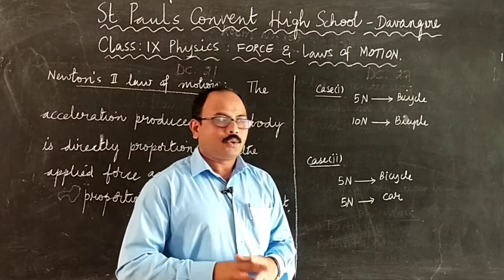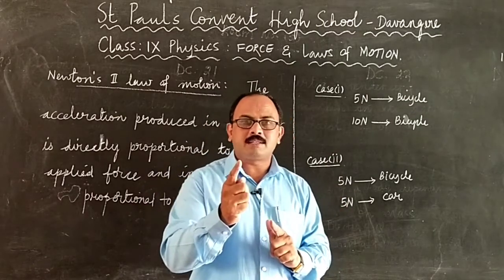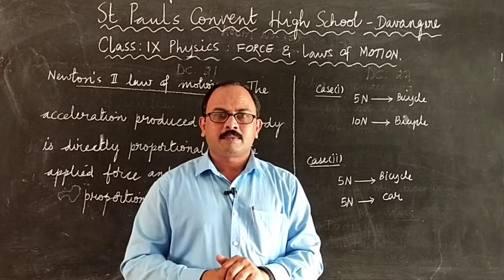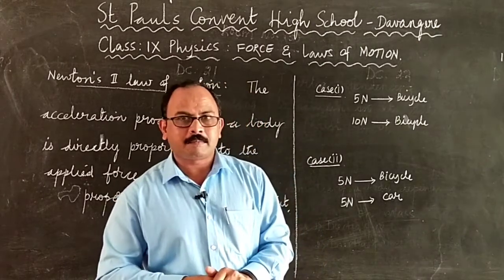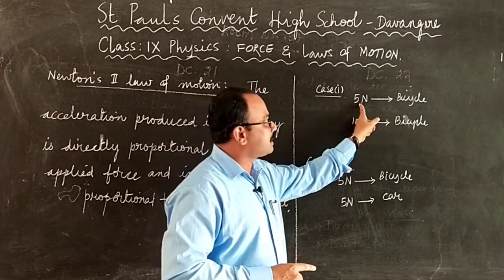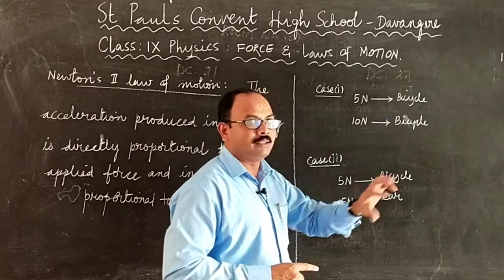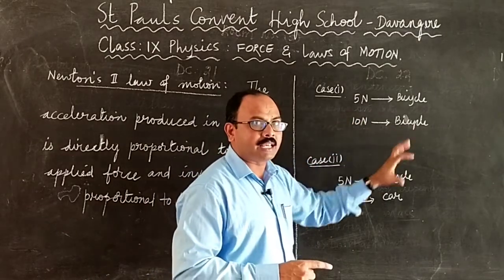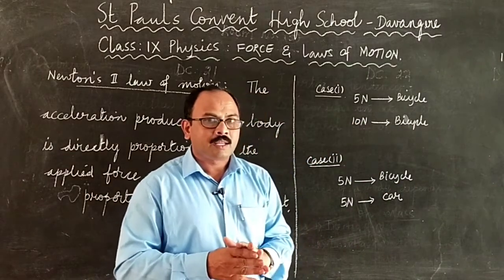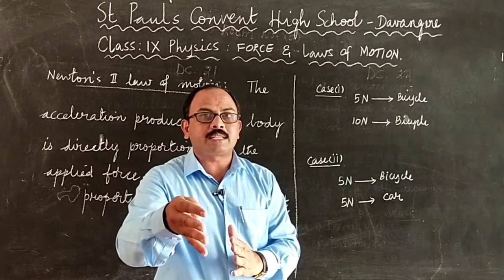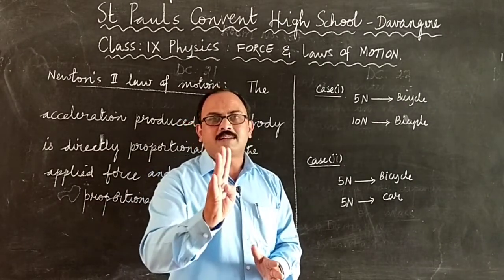Imagine when there is a change in the velocity of an object, acceleration takes place. When 5 Newton of force is applied on a bicycle and 10 Newton of force is applied on the same bicycle, in which case is the acceleration produced in the cycle more? This is the first case.